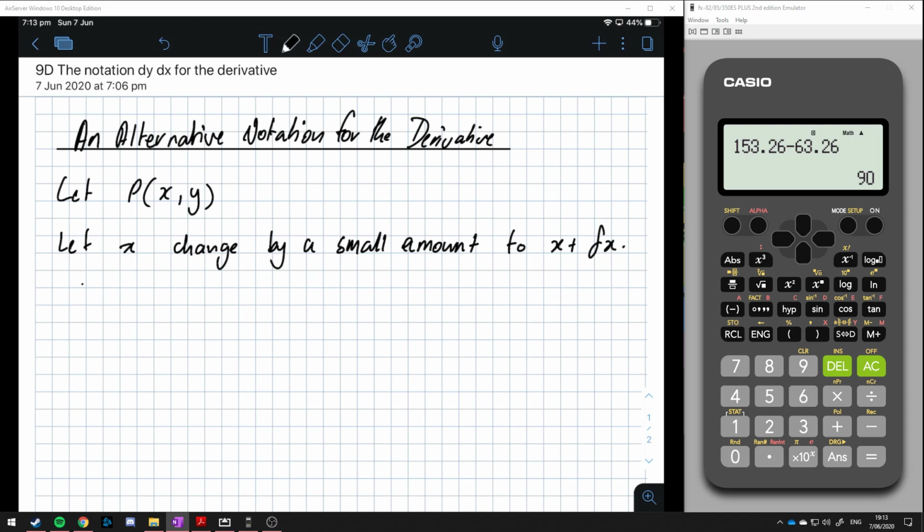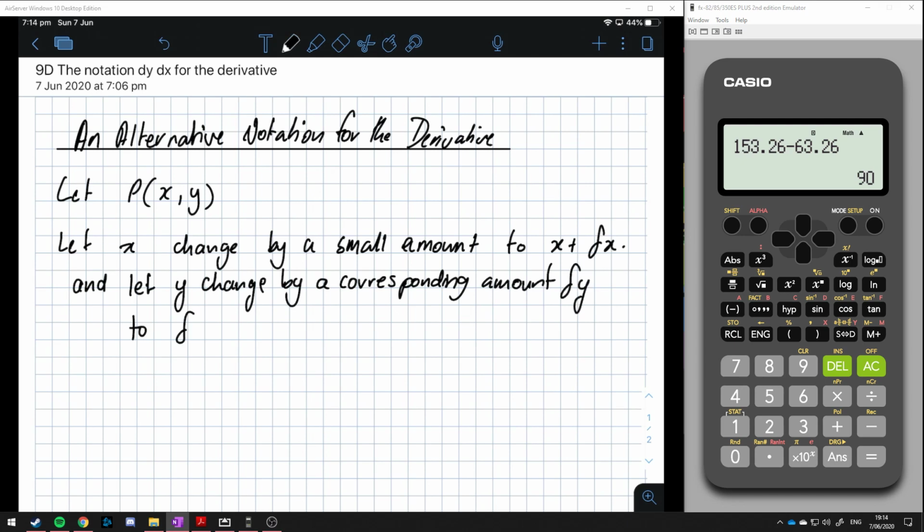And we're also going to let y change by a corresponding amount, delta y. Lowercase delta, not capital delta. So it's going to be y plus delta y.